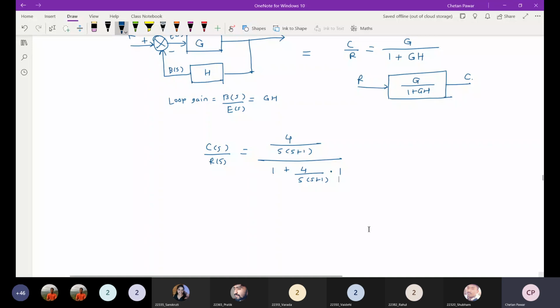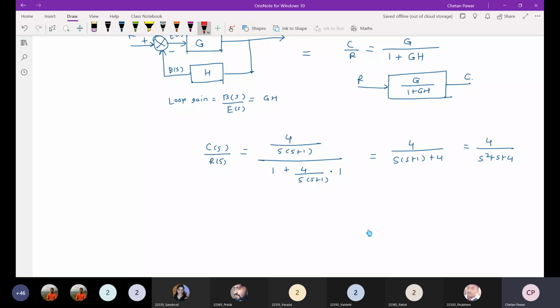Right. So this will be our transfer function for that particular block diagram. So this is the final answer. And how will you mention that answer?